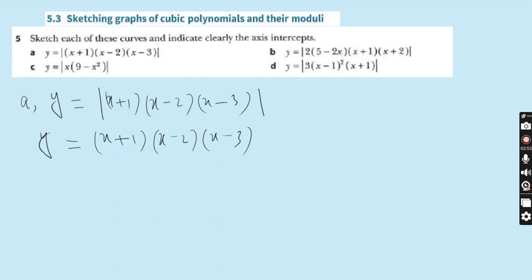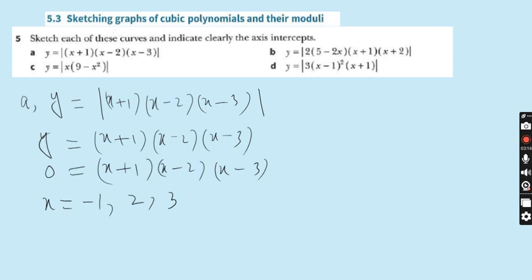In order to find the x-intercept we have to put y equal to 0. So (x plus 1)(x minus 2)(x minus 3) equals 0. Because it is already factorized, the values of x are minus 1, 2 and 3.